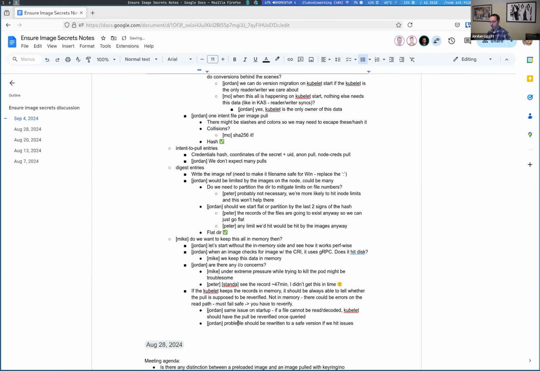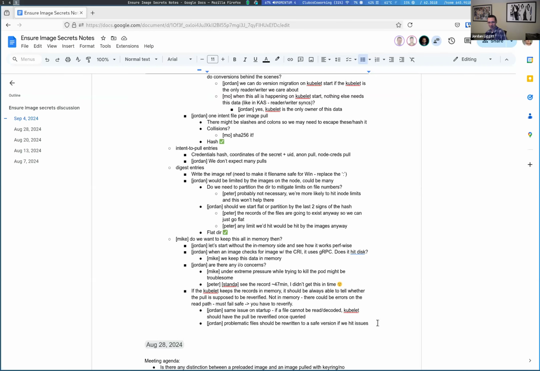Wait, remind me though, the way you just described it sounded like kubelet would have to always keep all of this in memory. It doesn't have to. I was saying if it does keep it in memory, then we don't hit spurious errors where a temporary disk blip or timeout means we can't answer a question. There are certainly benefits to keeping it in memory.